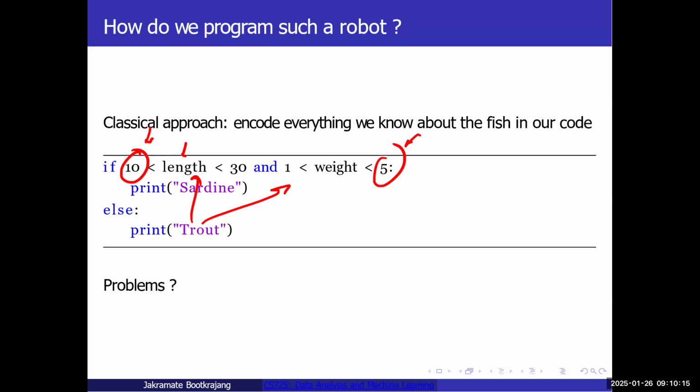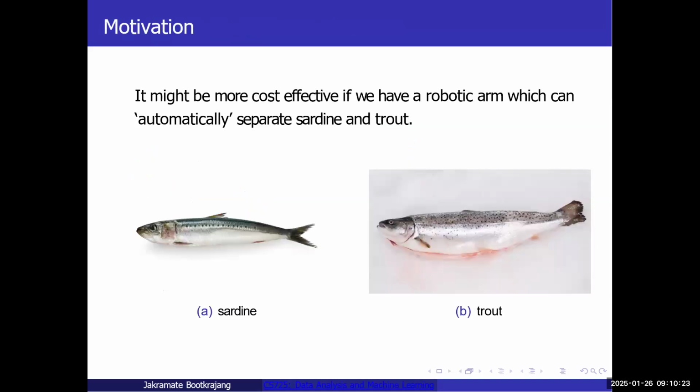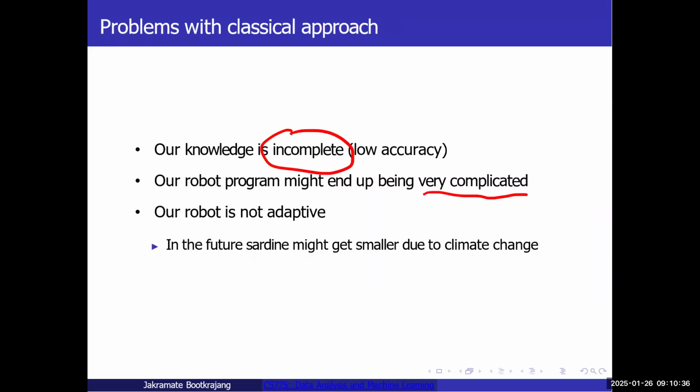To separate them, we need to add more conditions. The closer the objects are between classes, the more conditions you have to introduce in your programming. So when you have more conditions, your program will become much more complicated.